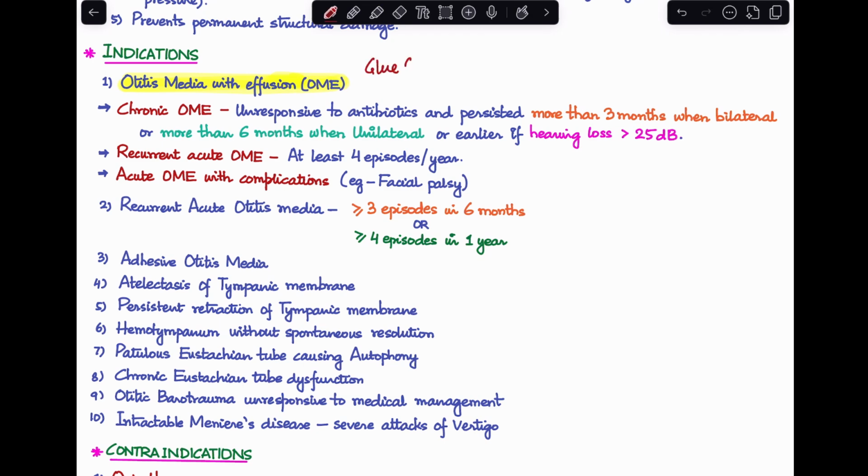It is also known as glue ear because of the glue-like effusion that develops in the middle ear. Also, it is known as serous otitis media, secretory otitis media, and the last name is non-suppurative otitis media. So we have a lot of synonyms for this condition.